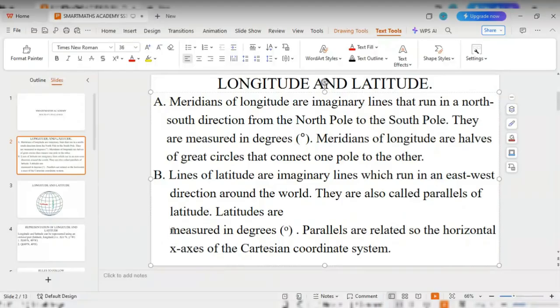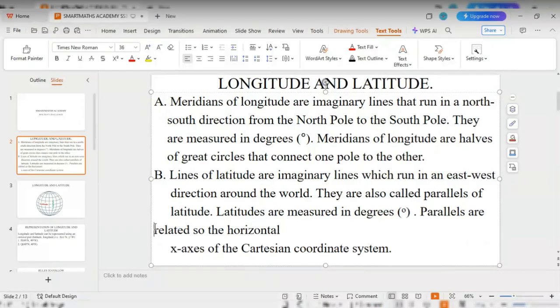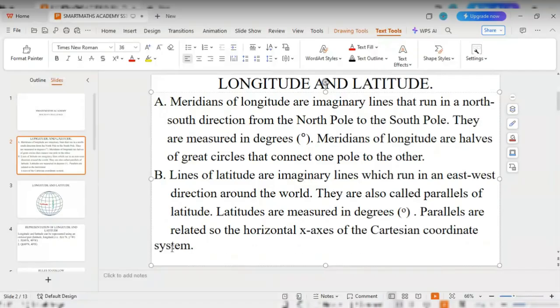So latitude is also measured in degrees, just like longitude. Longitude is measured in degrees, while latitude is also measured in degrees. So this is the definition of longitude and latitude.